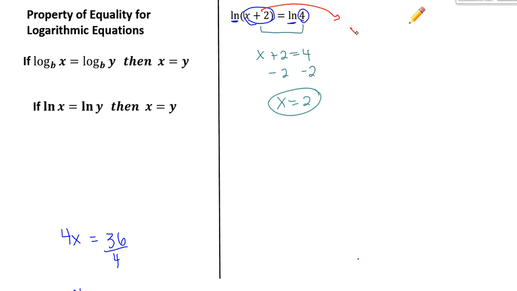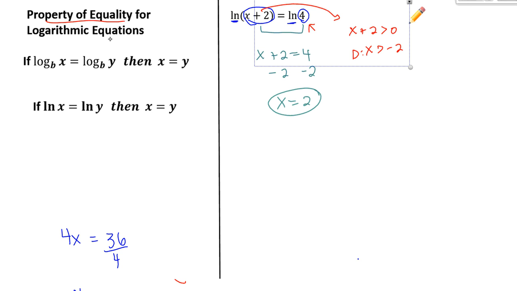This one would be x plus 2 is greater than 0, or x is greater than negative 2. This one doesn't have a variable, so it's not going to affect the domain. Okay, x equals 2 is greater than negative 2, so we're okay.